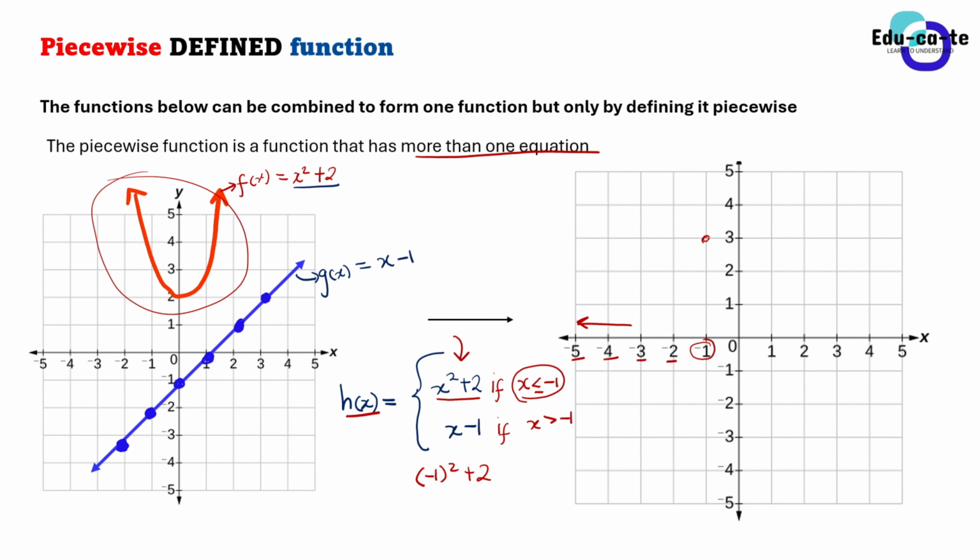So here I'm going to put a shaded dot to say that this is where I will stop plotting my parabola. This is where I will stop plotting using this first equation.